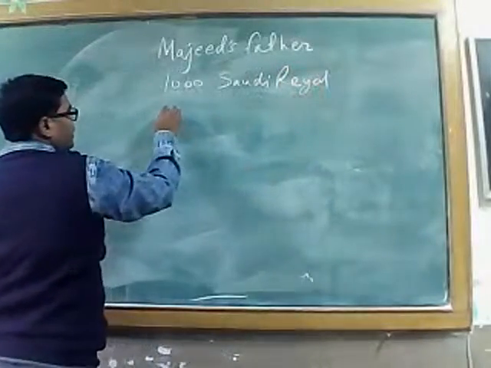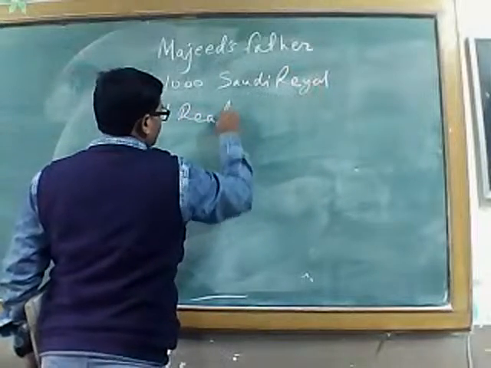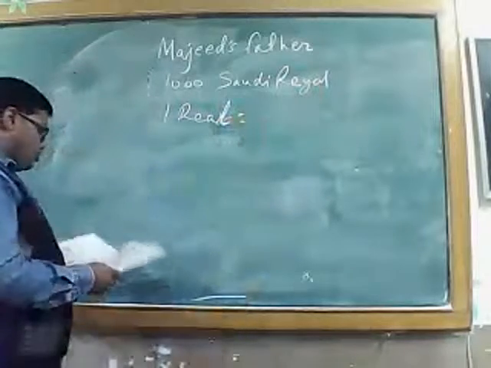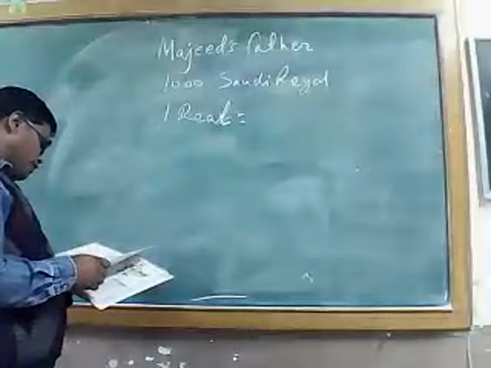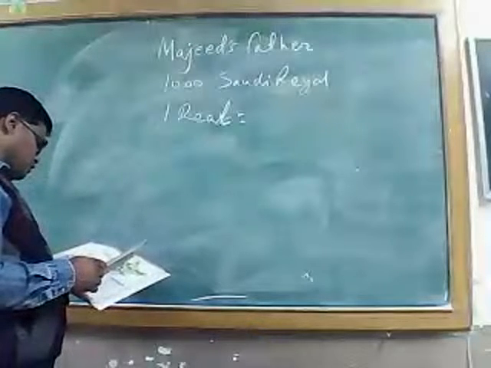We can say 1 riyal is equal to, how much is the given in the amount? We have to see that 1 riyal is equal to Saudi Arabian UAE.